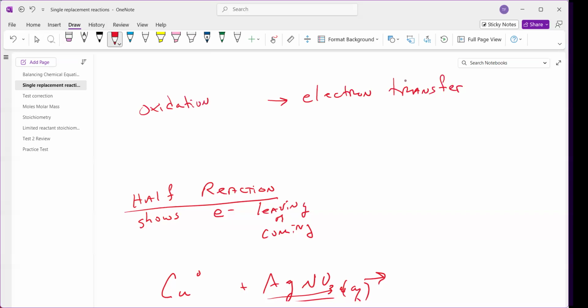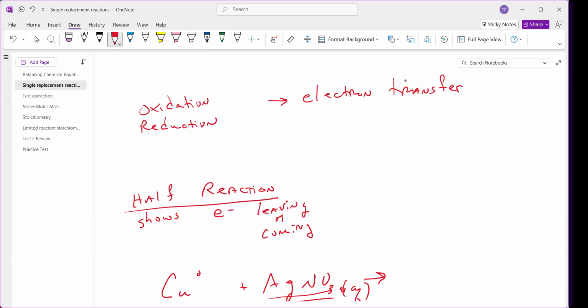The thing about electrons being transferred, they've got to go someplace. The recipient of that transfer is called reduction.